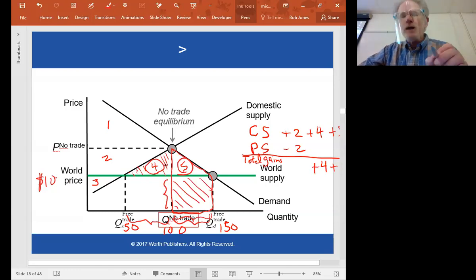So the total gains from being able to purchase this product at the world price would be represented by area 4 and area 5.